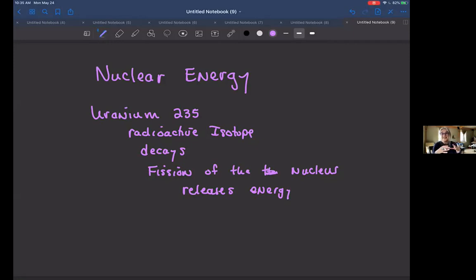Because as these chemicals decay, they release some heat energy that can be converted into steam that could then power electric turbines, and then we could generate electricity. So that is not CO2, or very little CO2 is being released. So that's a good thing about this nuclear energy.